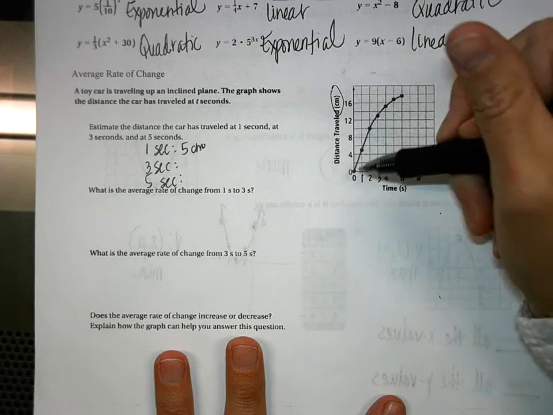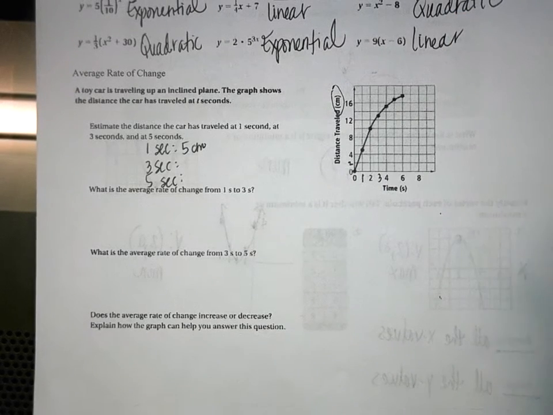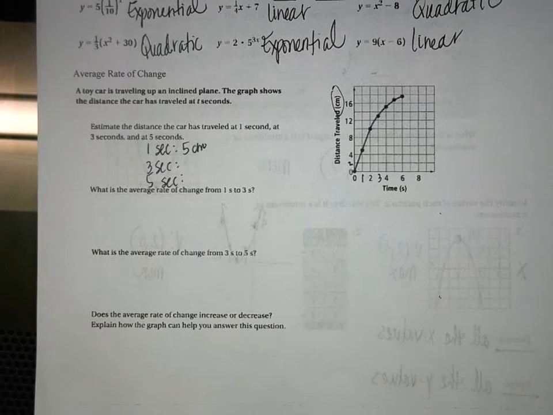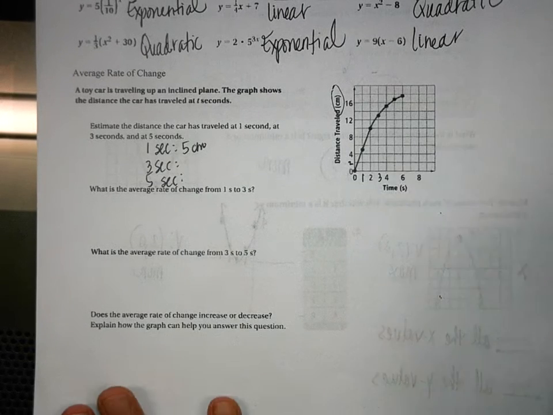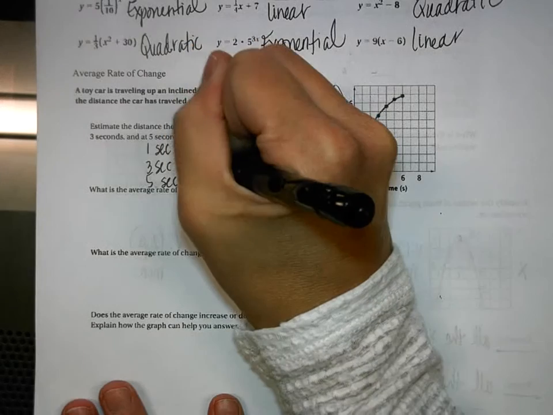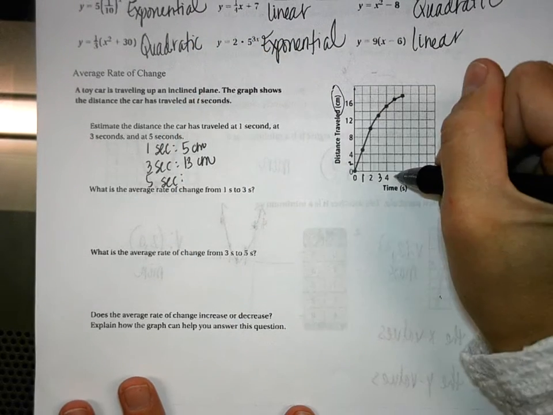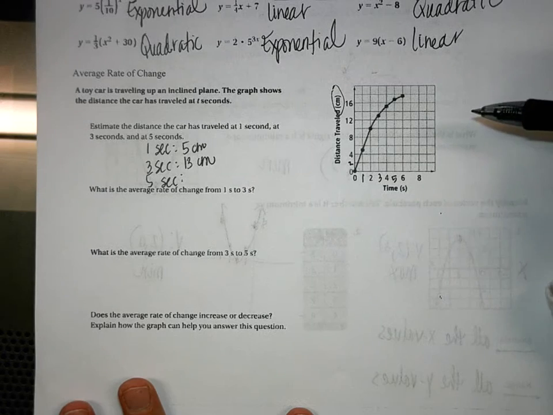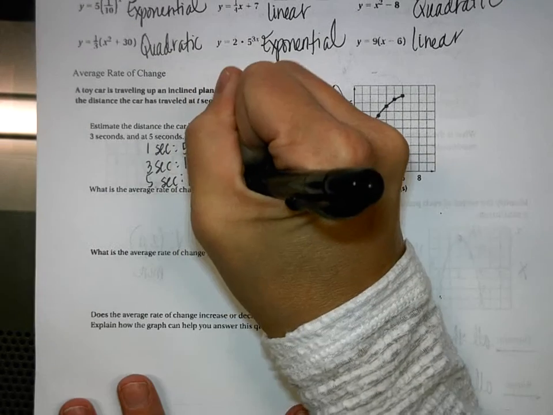But on this one, this is going by 2s. So pay attention to your graph and make sure that you understand what the numbers represent. 3 seconds went how far? Very good. 13 what? Centimeters. Good. Okay, and then we have 5, which is right here. And how far is it at 5? Very good. 17 centimeters.